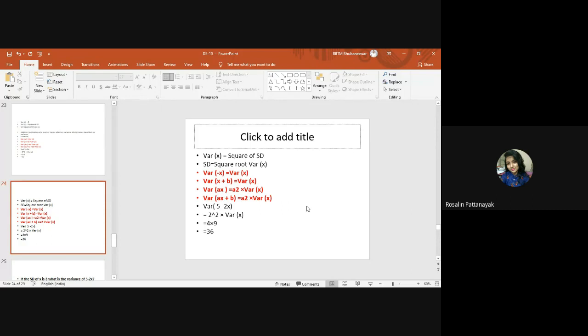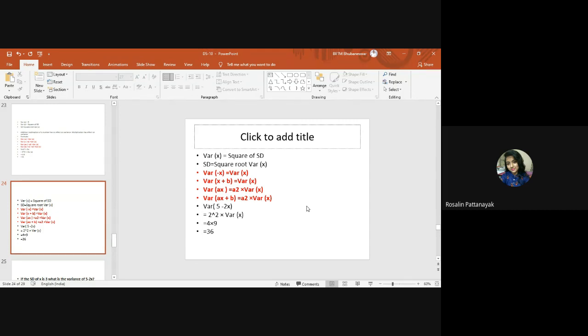In case of variance of minus x, that is the variance of x. Clear? The third formula, variance of x plus b, that is variance of x; b should not be counted. The next is variance of ax, that equals a square into variance of x. The last formula is variance of ax plus b.